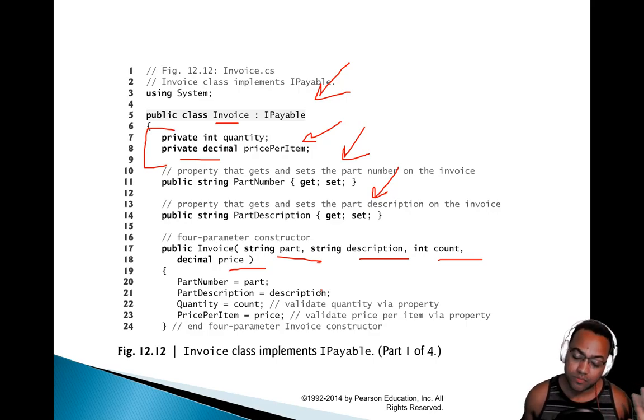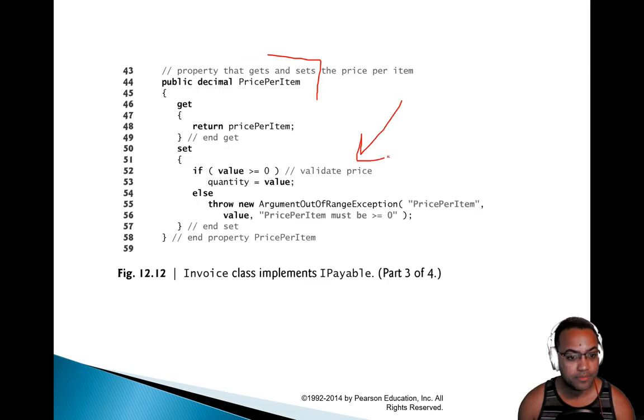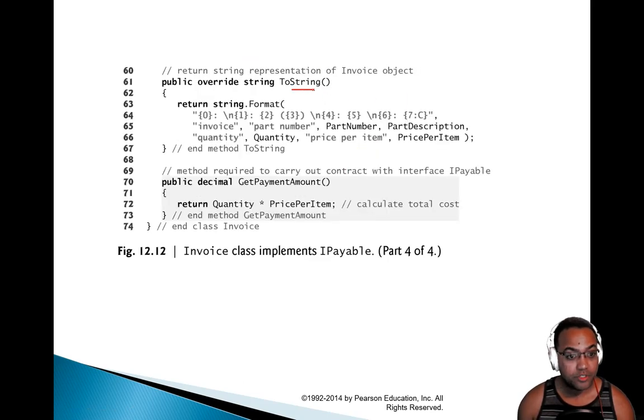You can, I'm not saying you can't, but for the most part, you can't. So notice that there's no base here for the constructor. We don't need it. And then we have our properties being called, correct? Quantity and price per item. And then the toString being overridden. And then guess what? The public decimal get payment amount is using the quantity property and the price per item property to calculate the total cost. This is what is being promoted in the interface.